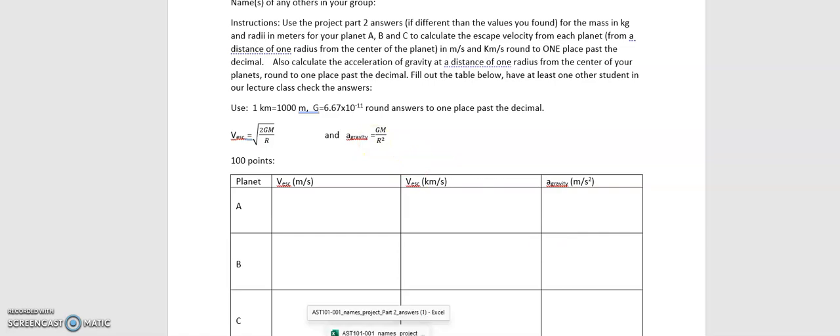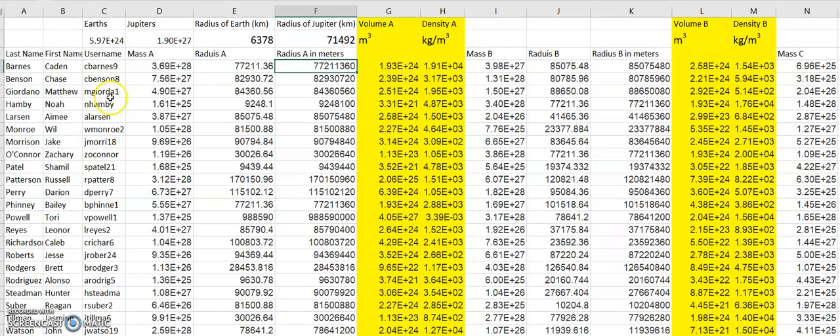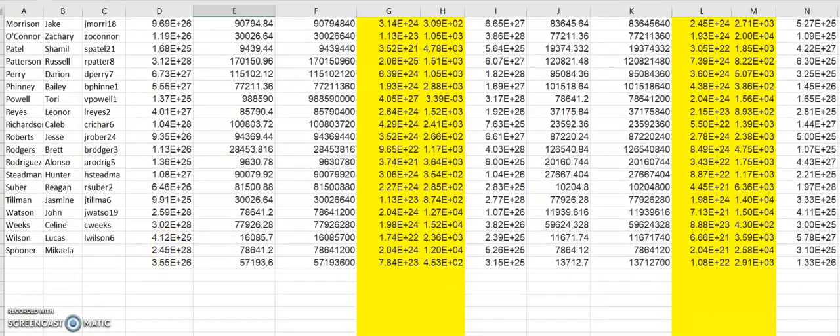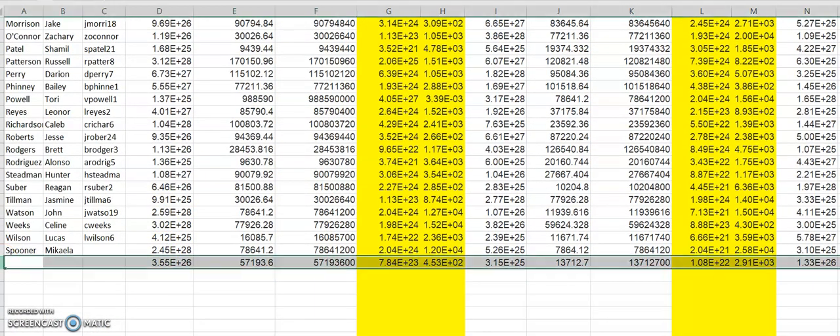The first thing you do is turn to the answers for part 2. So here, let me flash that. Here are the answers for part 2. You're actually interested in the mass and the radius. You've got the mass and the radius of each of your planets. So you look up your name: for example, this would be planet A's mass, and that's planet A's radius.